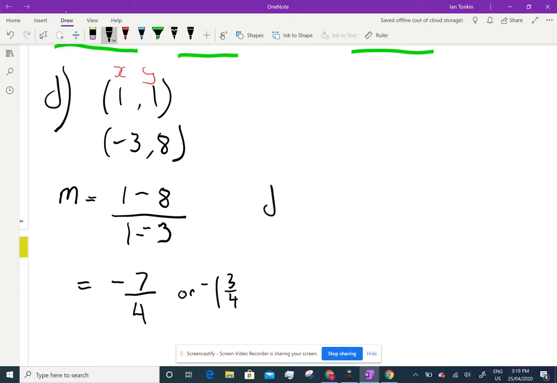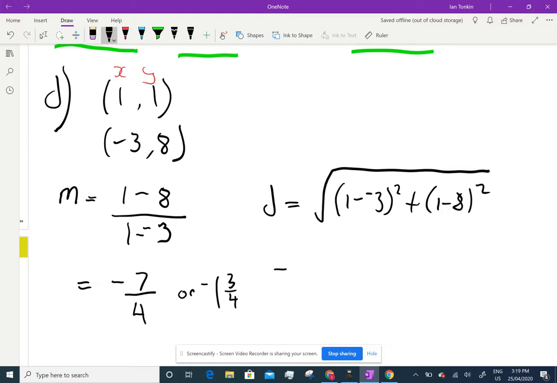The distance equals the square root. Subtract the x values. 1 minus negative 3 squared plus 1 minus 8 squared.